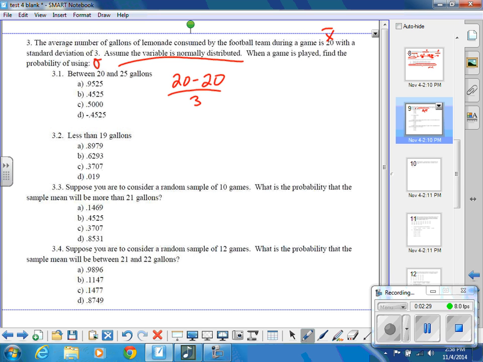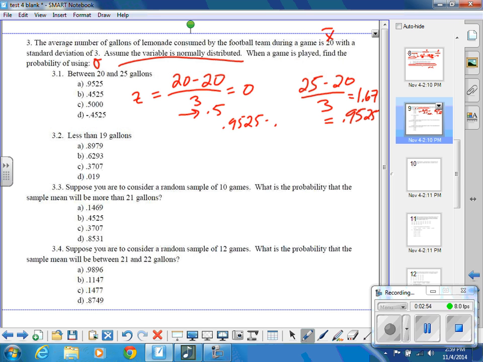And then 25 minus 20 all over 3. This gives me 0, so z is equal to 0. When I look that up in the book, that's 0.5. This one will give me 1.67. When I look that up, I end up with 0.9525. Go ahead and subtract these two: 0.9525 minus 0.5, and I should end up with 0.4525.